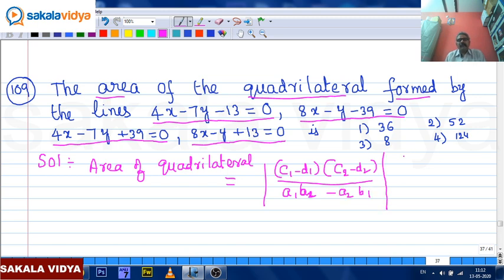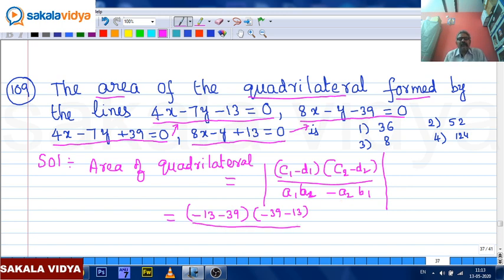Write it down. These two are parallel lines, and these two are parallel lines. C1 minus D1: C1 is minus 13 and minus 39, into C2 minus D2, minus 39 and minus 13, by A1 B2 minus A2 B1.